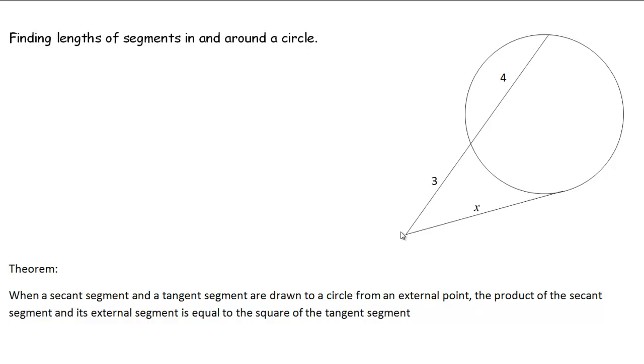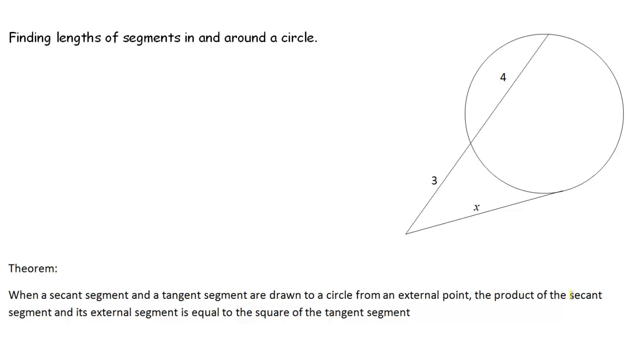from an external point. This is a point that's external of the circle. External means outside. The product of the secant segment and its external segment. So this part right here, this secant segment, that's from here to here, the whole thing.